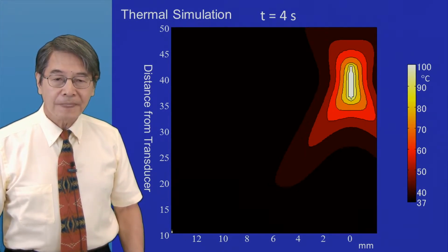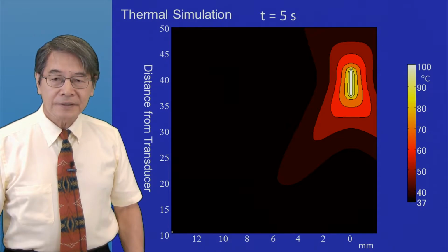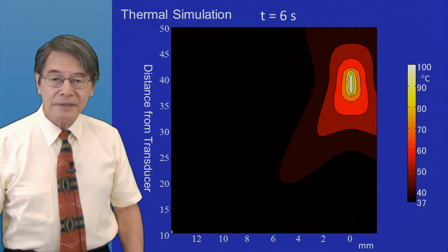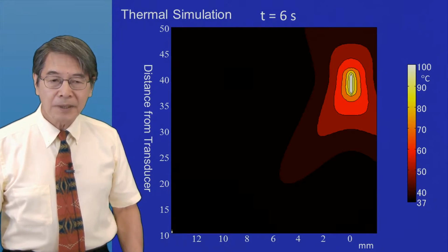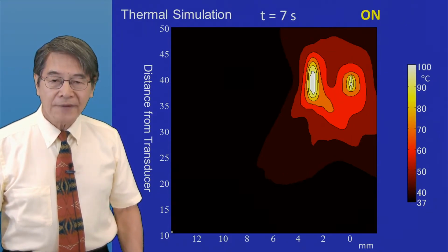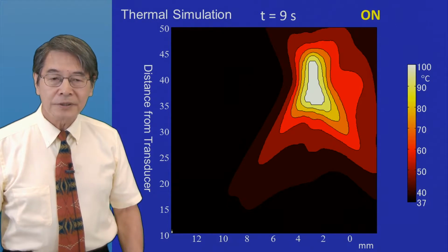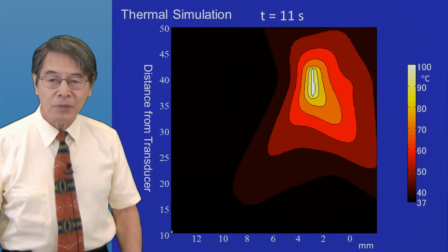4 seconds, 5 seconds, and 6 seconds, the HIFU focus was laterally shifted by 3 millimeters and the HIFU transducer is turned on again. And HIFU exposure continues in the same way.